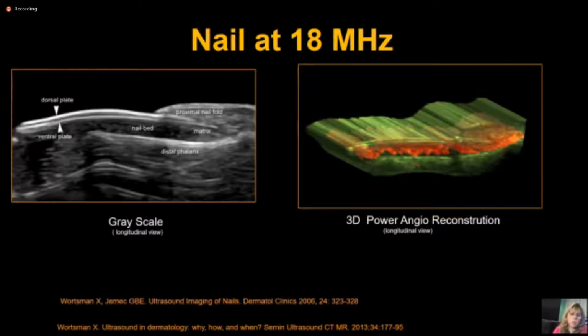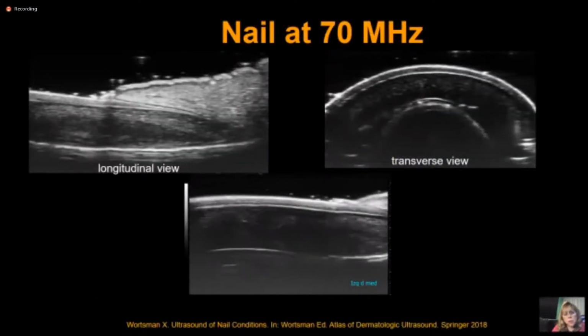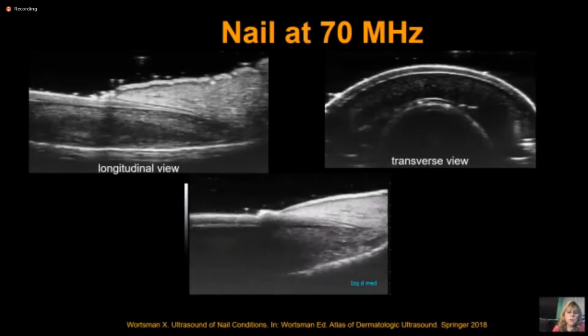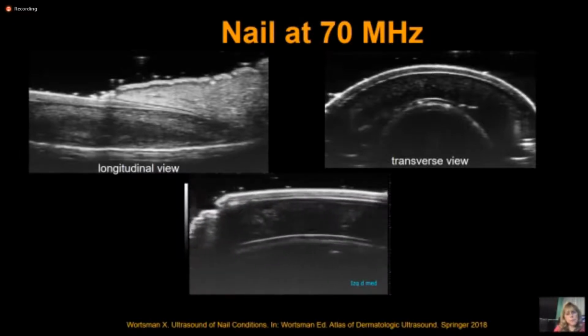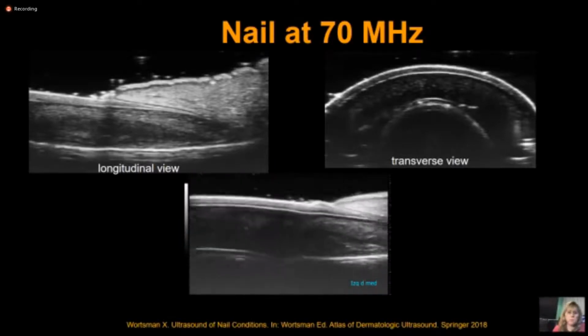With the new machines, you can make nice power angio reconstructions in three-dimensional views of the nail. If you go up to 70 MHz, you can see a zoom of the nail with a much clearer image of the nail plate and the nail bed.